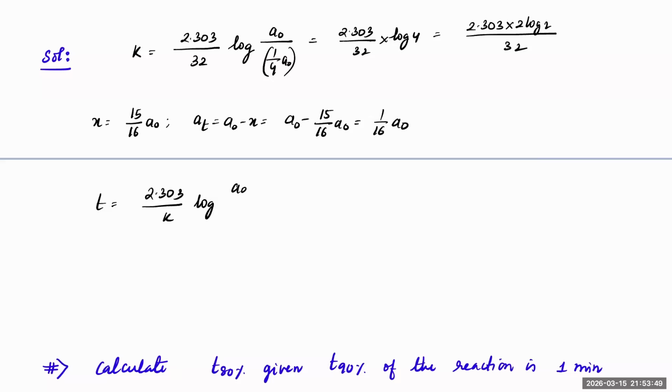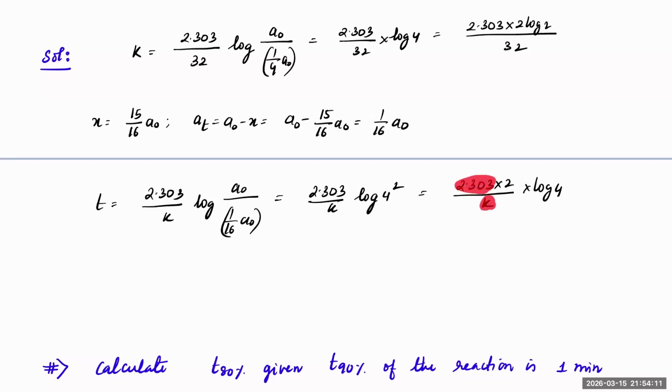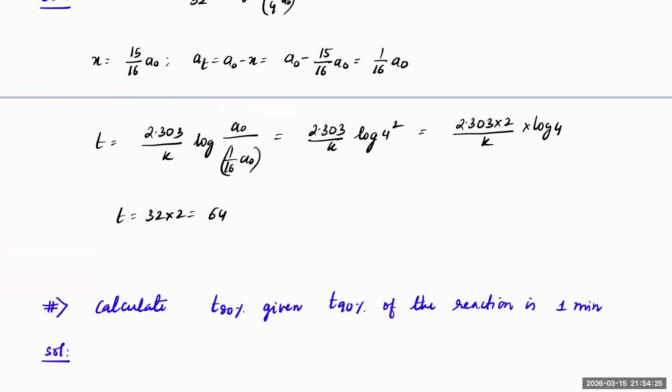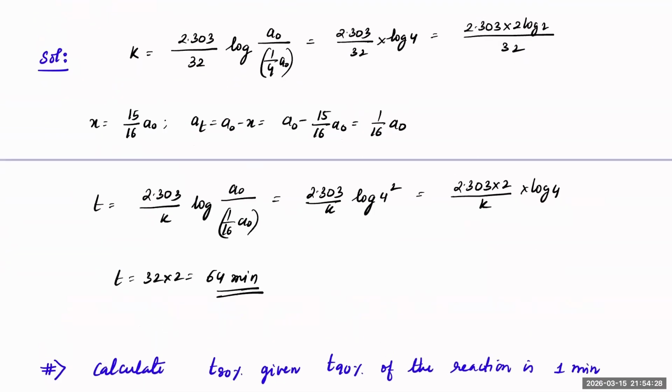So hence, this will be A naught by 1 by 16 times of A naught, which is 2.303 by K log of, can I write this as 4 raised to power of 2, which is 2.303 into 2 divided by K into log 4. So we already learned the 2.303 by K into log 4 value, right? That is coming as 32. So hence T is equal to 32 times of 2, which is 64 minutes.